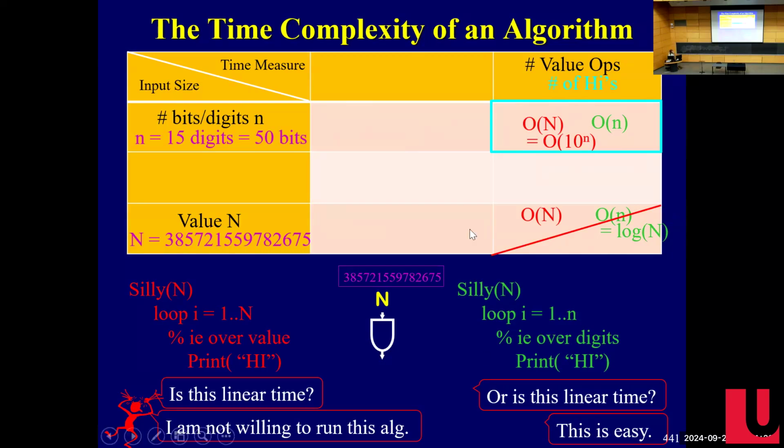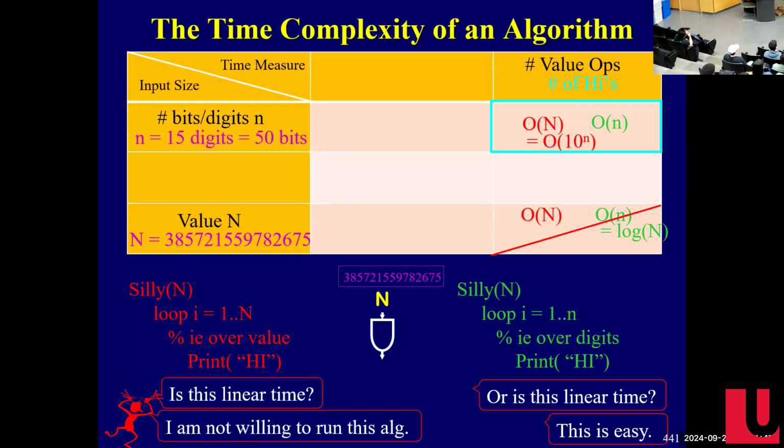So, do you understand how we can define size in 2 different ways, right? And do you agree in this one, the running time is capital N, and this one's little n, all right? So now we need to express the running time as a function of the size of the input, right? You tell me the size of the input, I tell you what's the running time going to be, right?